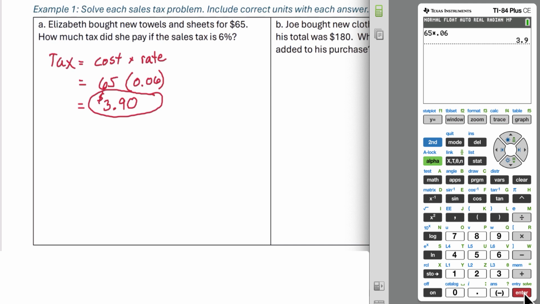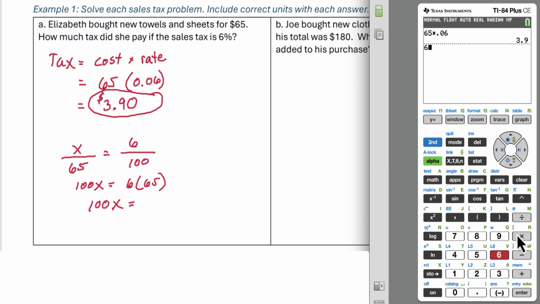If we wanted to instead use a proportion, we could use that as well. That's the tax, which we don't know, divided by the base, 65, and that's equal to the tax rate, 6%, divided by 100. Cross multiply, we get 100x equals 6 times 65, which is 390.